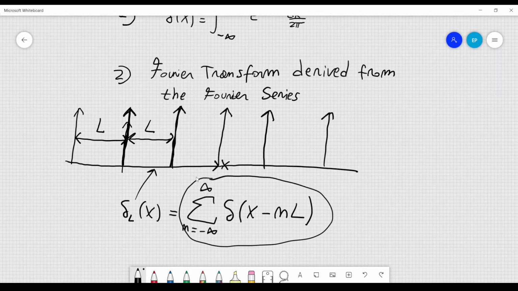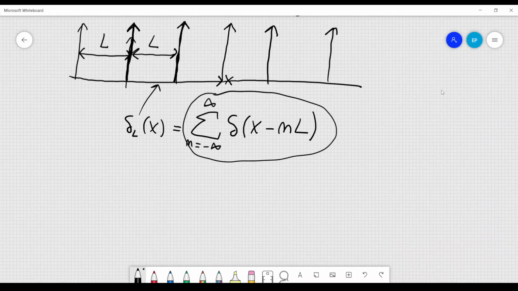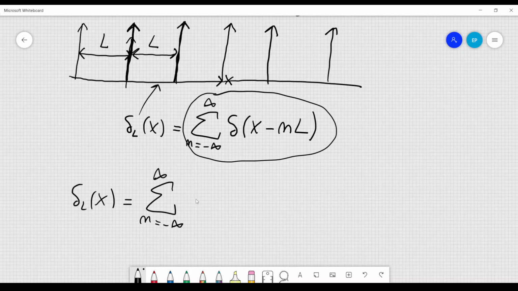What is important though is that I can rewrite this function delta sub L of x as a Fourier series. So I'm going to sum from minus infinity to plus infinity some coefficients c sub n, which are the coefficients of the Fourier series, and then multiply these coefficients by the complex exponentials of the kind e to the minus i k sub n times x, where k sub n is simply equal to 2n pi over L, and this is due to the Fourier series.